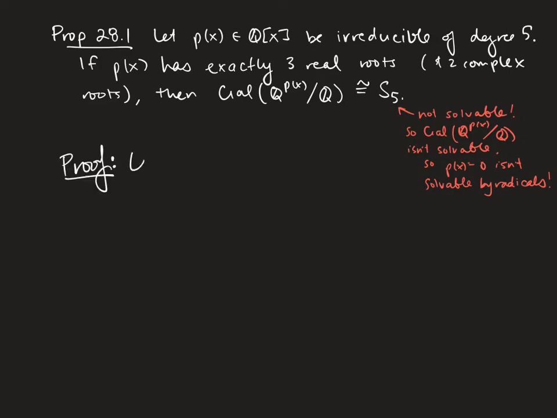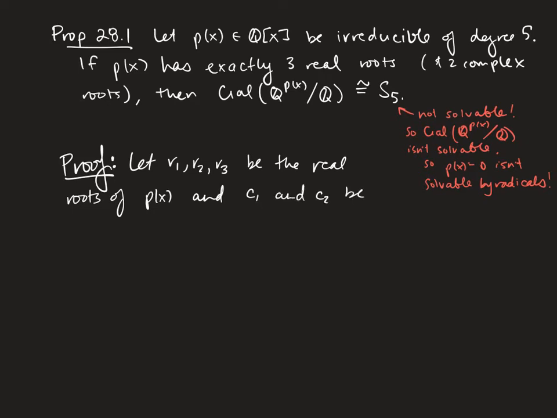Okay, so we're going to let R1, R2, and R3 be the real roots of p of x, and C1 and C2 be the complex, by which I mean not real, like legitimately complex. They've got an imaginary part.